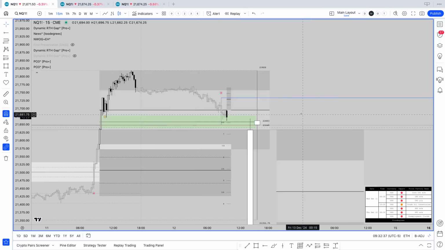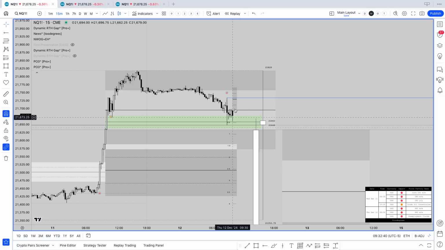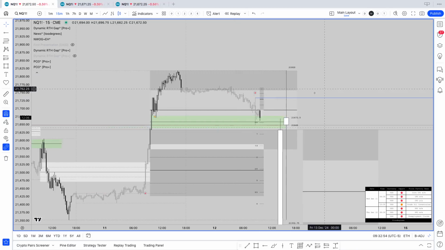So you don't try to short here. Why? Because the market could move higher to rebalance the gap here. Okay? So this is how, with your profiles, you are anticipating certain market conditions, and you are not going to short here.